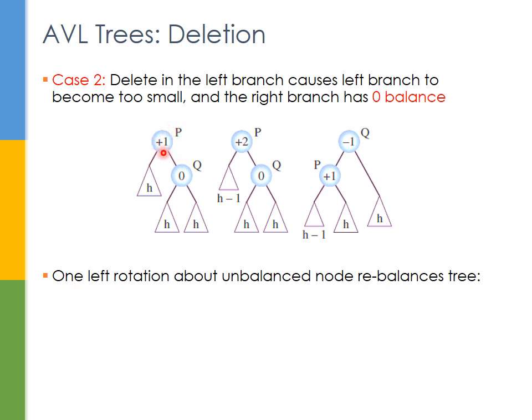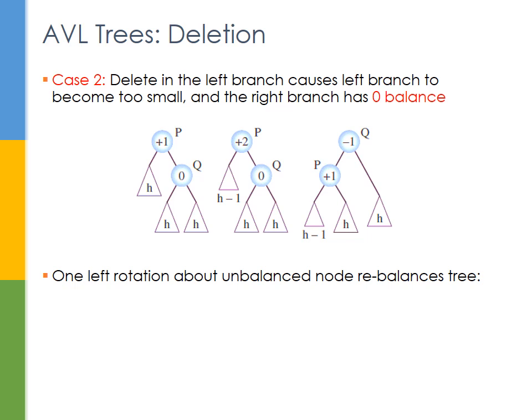So we increase it from positive 1 to positive 2, and this indicates that we have performed a deletion in the left branch. Now we need to look at the right child of node P, and we see that its balance factor is 0 in that case. So this means we are dealing with case 2.